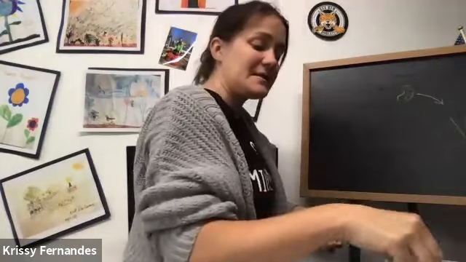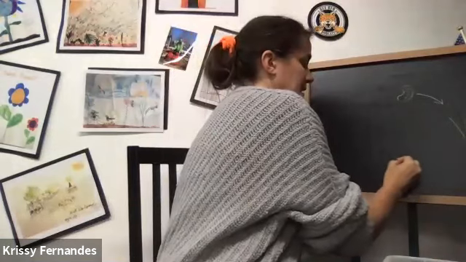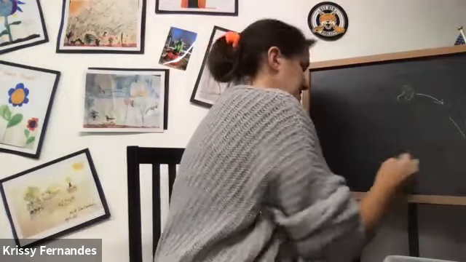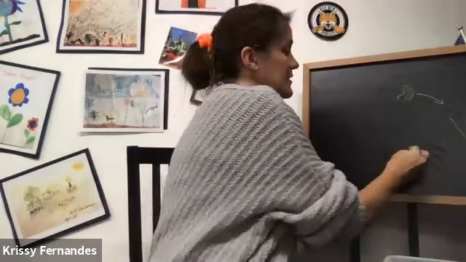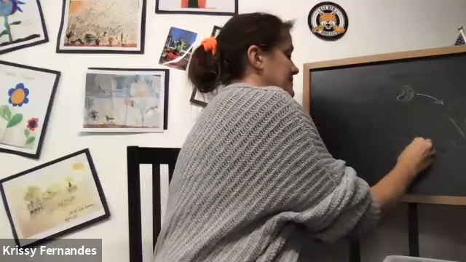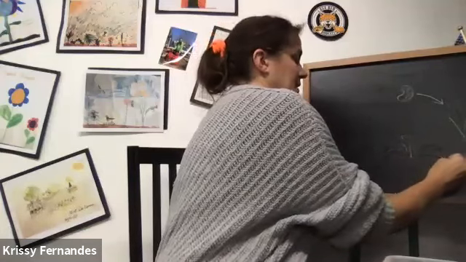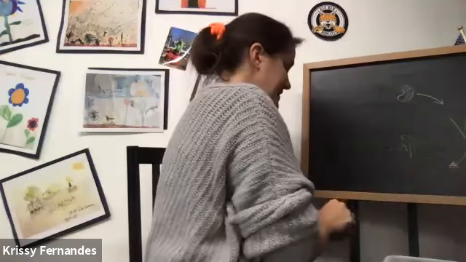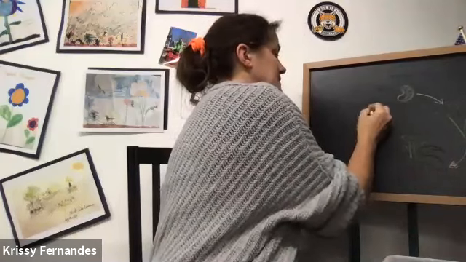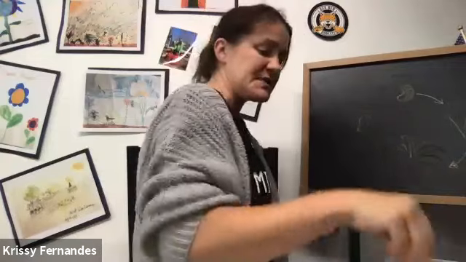And that plant will then produce a flower. The goal of the plant in the end is to produce more seeds. So that flower needs to get pollinated. So we'll do pollination here. And then if it is pollinated, it can get fertilized and then produce a new seed.